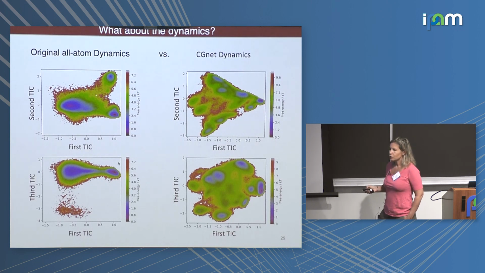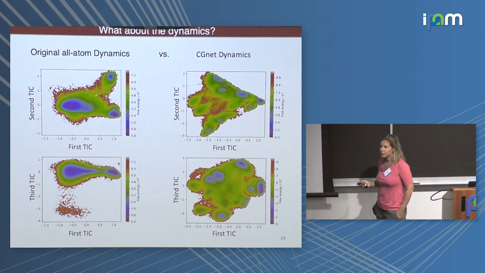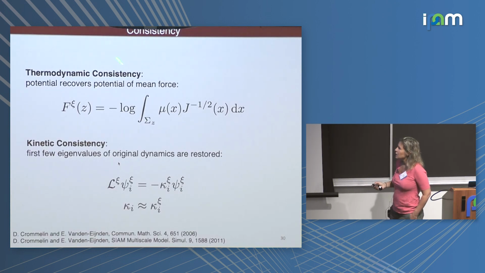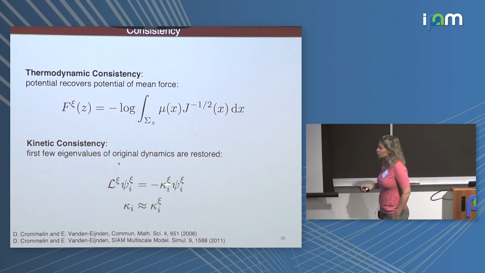So what if we want to coarse grain also enforcing dynamic consistency, not just thermodynamic consistency? This is thermodynamic consistency, the general form of the force matching that I showed you before. This is the kinetic consistency. In kinetic consistency, what we would like is to preserve these slow modes.